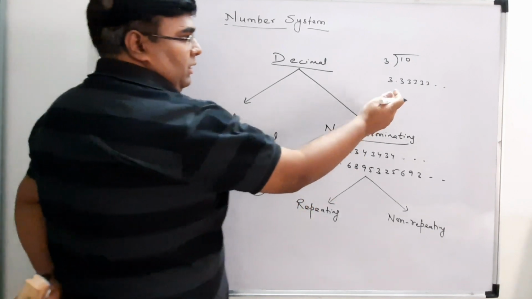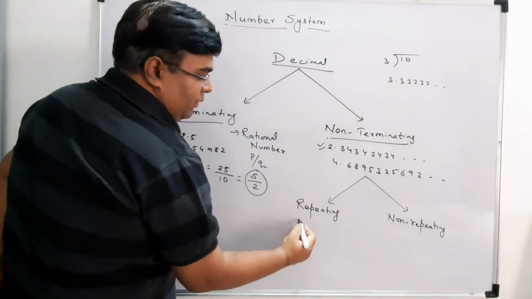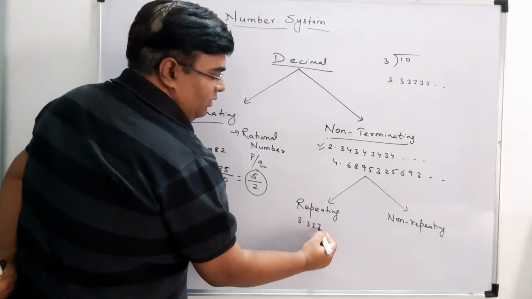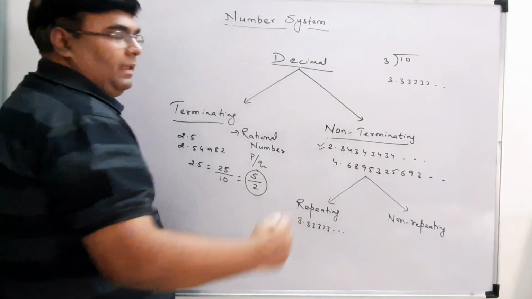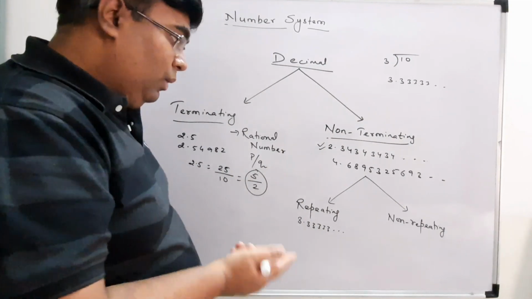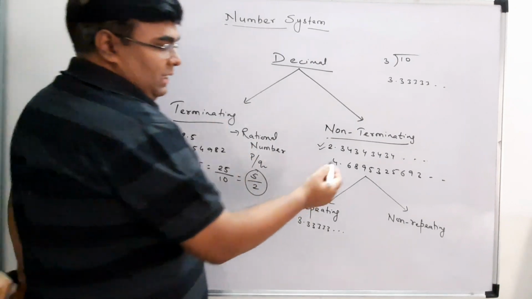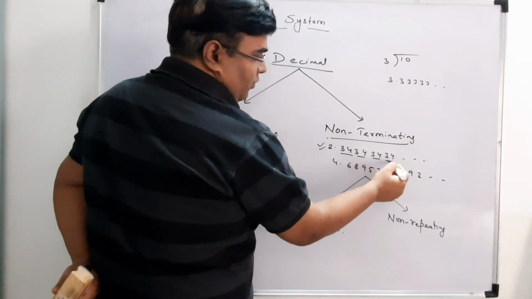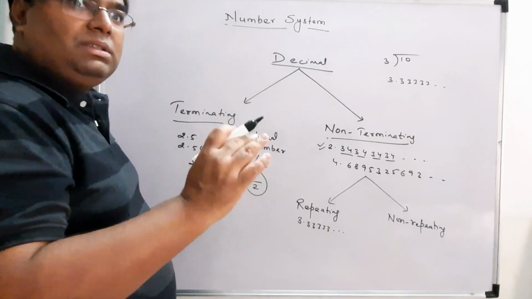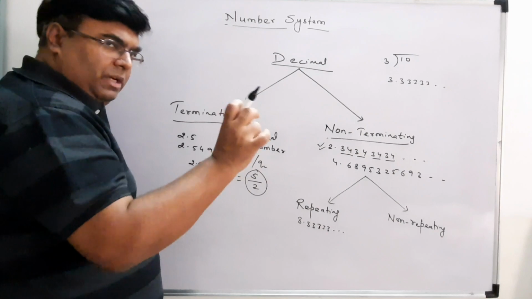So this is also an example of repeating, where you divide 10 by 3, you will get 3.33333, like this. Okay, so it is not necessary that only one number will get repeated. You can get two numbers repeated like this, 34343434, or three numbers get repeated, or four numbers can also be repeated, but the repetition will be there.